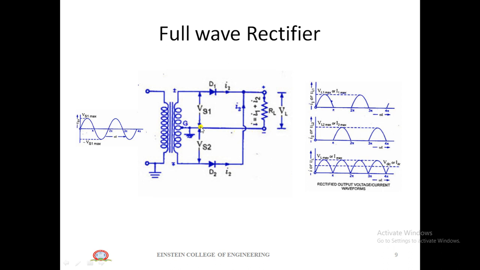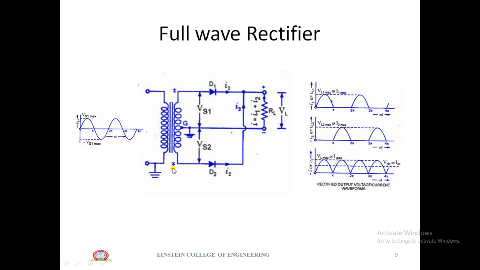During the negative half cycle, terminal B will be more positive than A. So D2 will be forward biased and D1 will be reverse biased. That is, D2 will be on and D1 will be off.